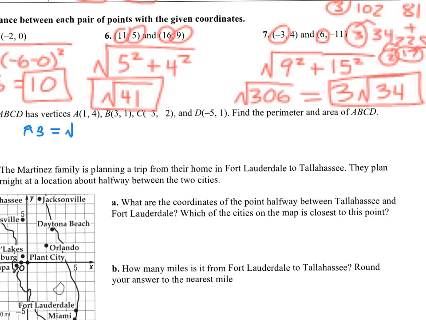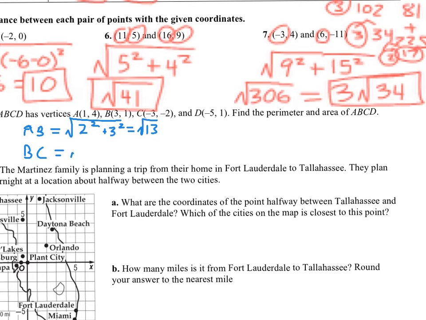So the length of AB is, their x-coordinates are 2 apart, so I do 2 squared. The y-coordinates are 3 apart. So the length of AB is radical 13. And we also have to find one of the other lengths, but not the opposite side, because that's also rad 13.